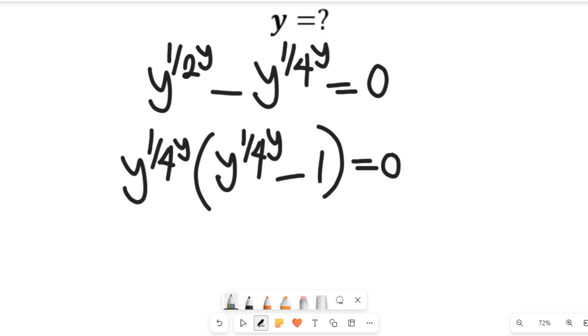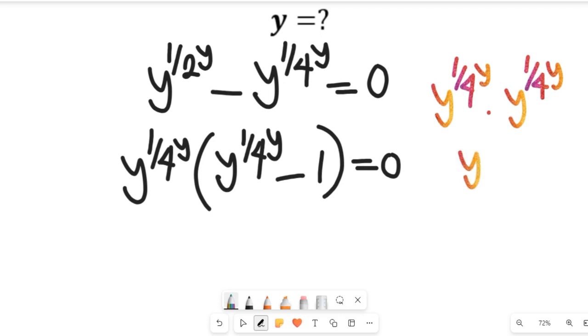Now let's multiply this. If you have y to the power of 1 divided by 4 multiplied by y, and you are multiplying it by y to the power of 1 divided by 4 multiplied by y, according to the law of indices, the powers will do what? The powers will have to add. So we'll have 1 divided by 4 plus 1 divided by 4.